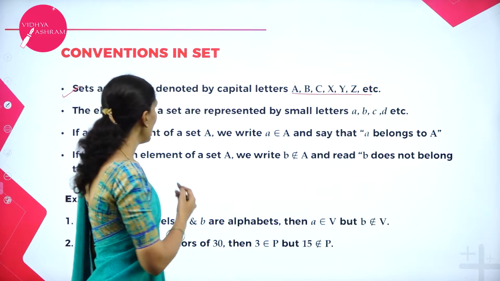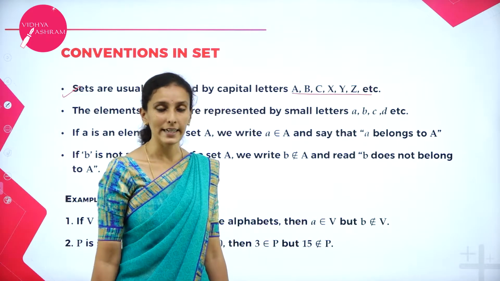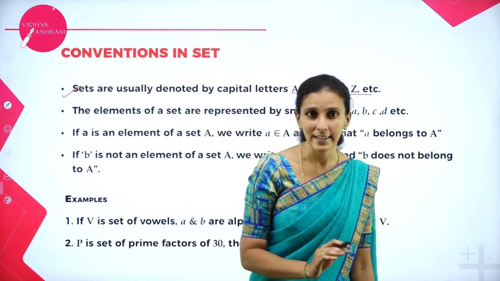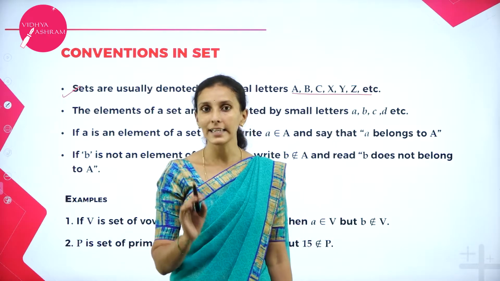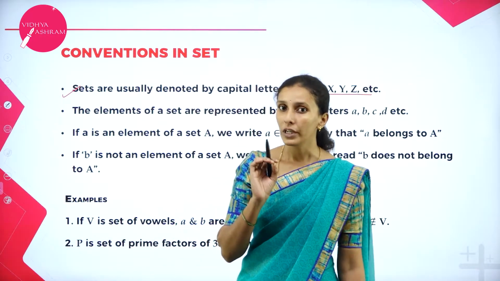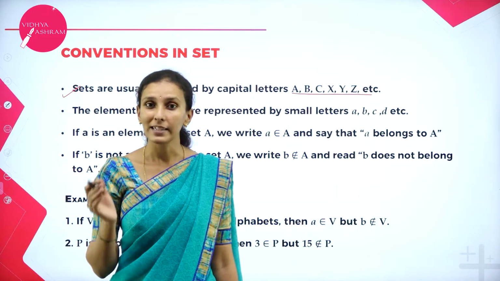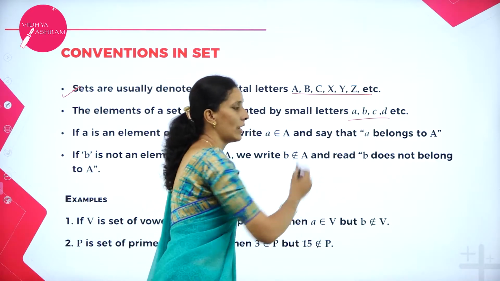And the elements of a set are written using small letters a, b, c, d, etc. So whenever you write the elements inside the set, you use only small letters. To denote a set, you use capital letters, and the elements inside the set are represented using small letters.